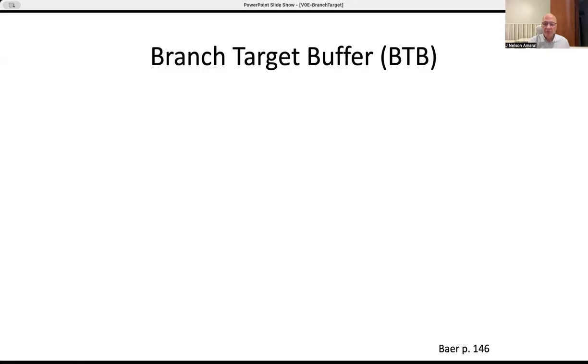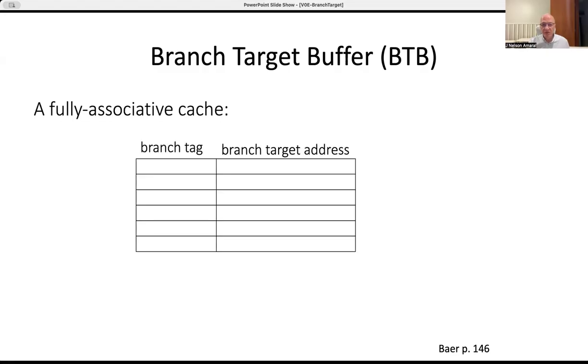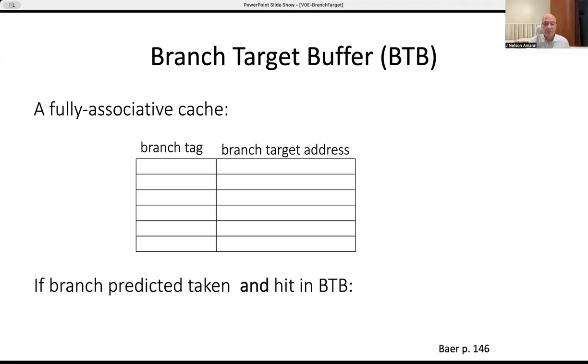So the branch target buffer is a fully associative cache that has tags that are taken from the address of the branch instructions, and associated with each one of those tags, there is the target of the branch, that is, the address of the instruction that will be executed when that branch is taken.